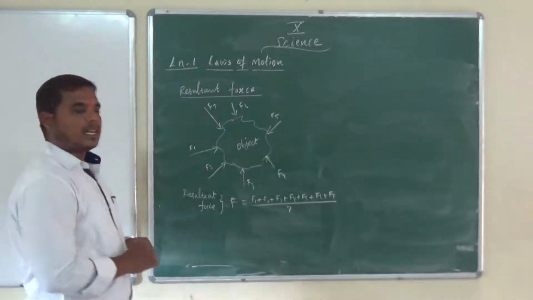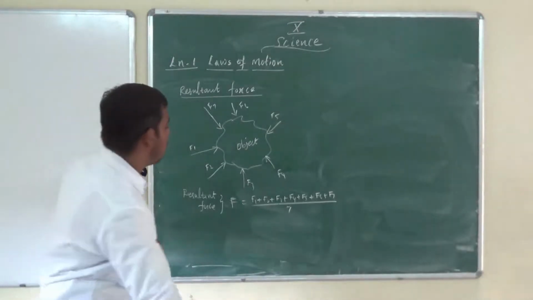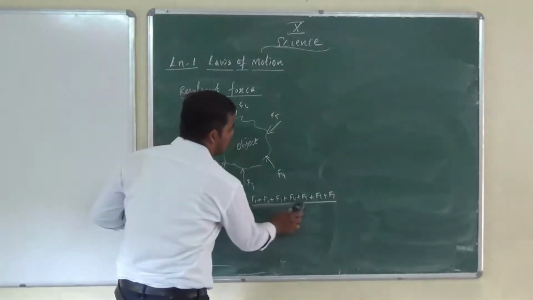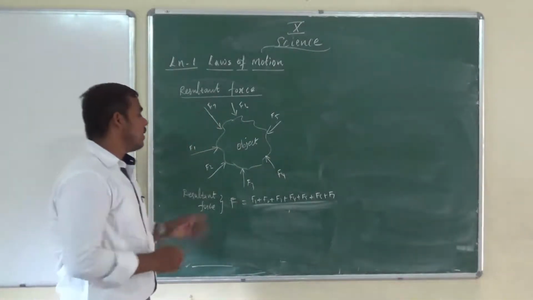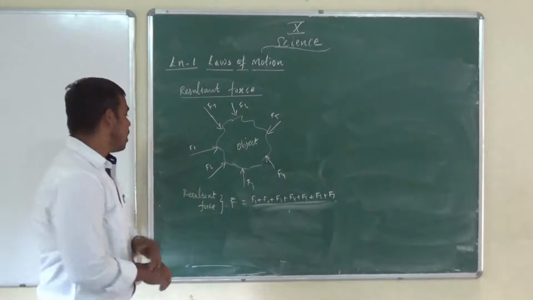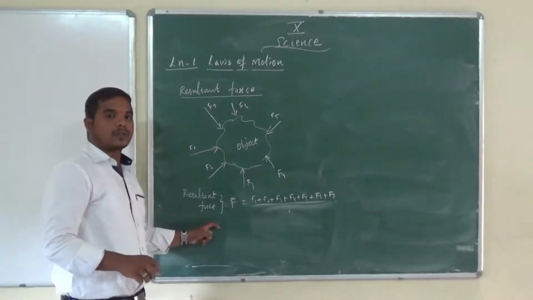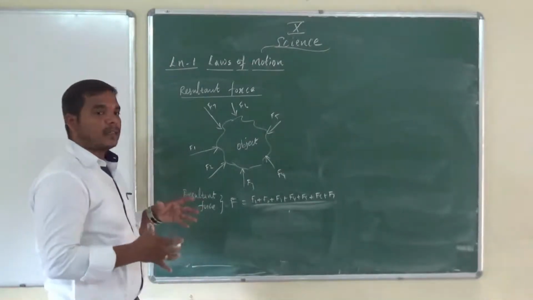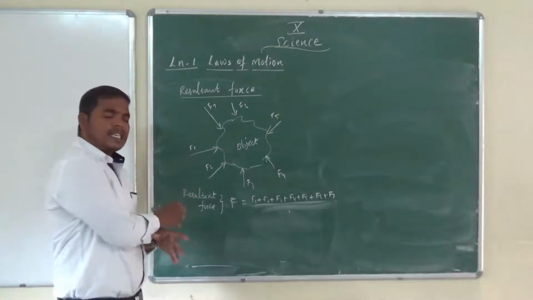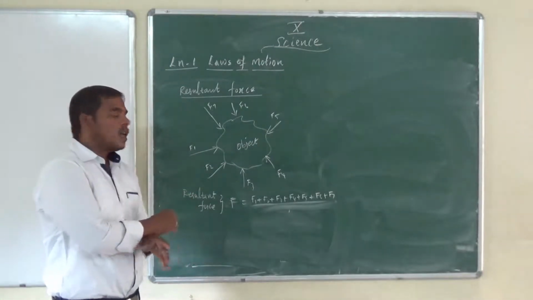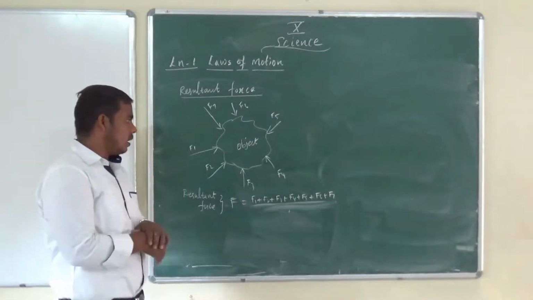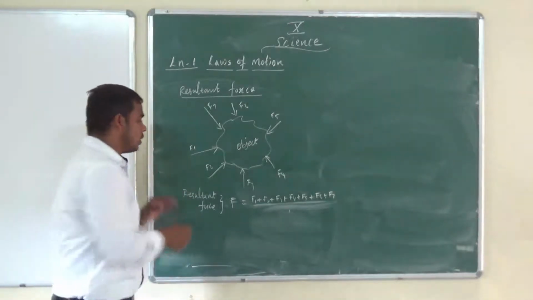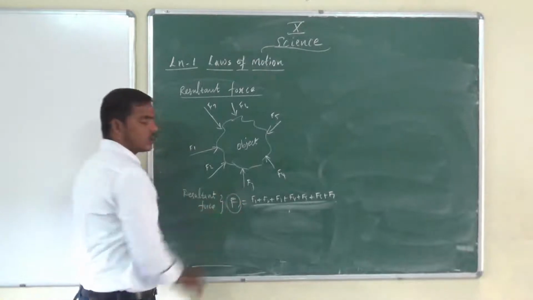Sorry for the mistake. The addition, that means the vector sum of all the forces, is represented by the resultant force. If you take one object, we can apply a number of forces. All the forces together produce one force, that is known as the resultant force.